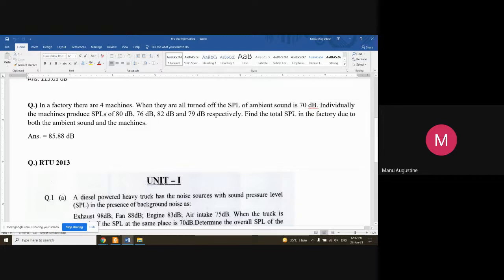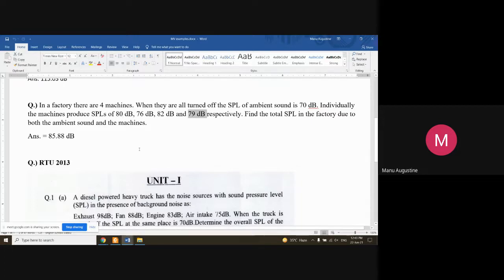And then individually, the machines produce sound pressure levels of 80 decibel, 76 decibel, 82 decibel, and 79 decibel. So what are these? These are the decibel sound pressure levels produced by the 4 machines that are inside the factory. And let us say that there are only 4 machines.